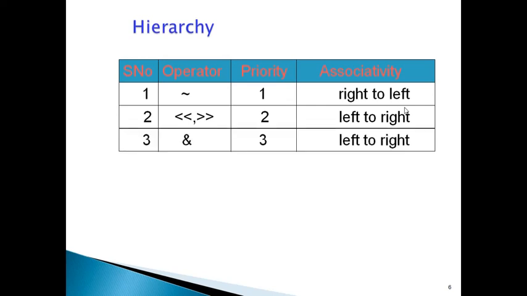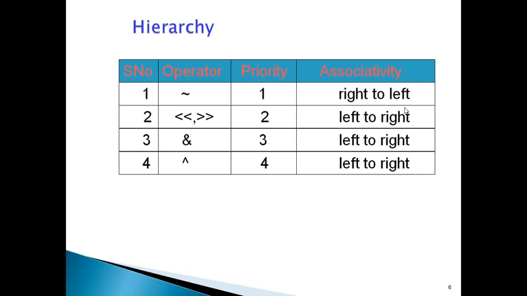Number 3, AND operator. It has the third priority. It has left to right associativity. Number 4, cap. This is used as the exclusive OR operation. It has the fourth priority. It has left to right associativity.